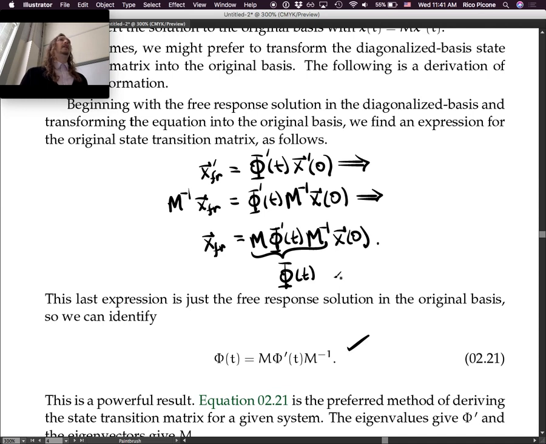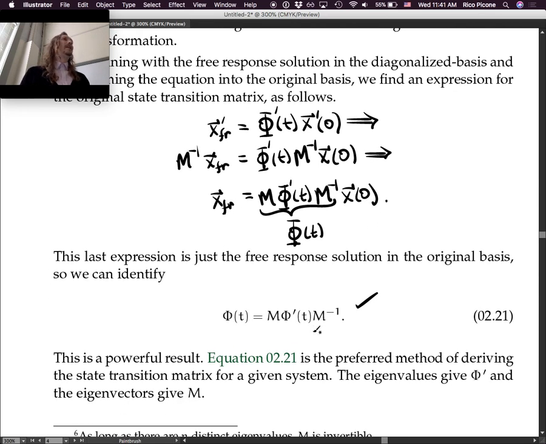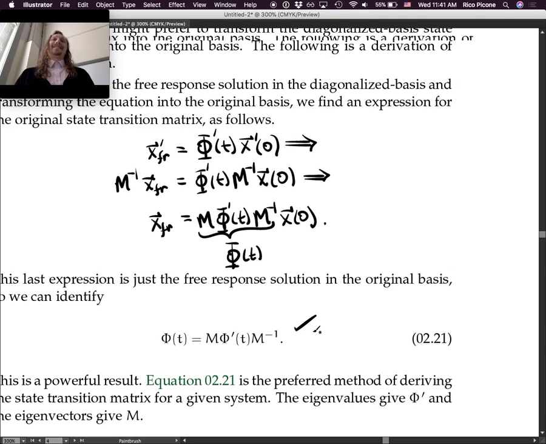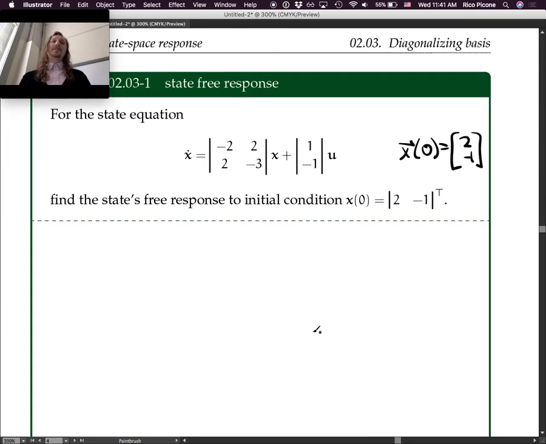Once we have phi, we have our solution. So phi is what we're going for. And remember, we just learned this fancy new way to find phi. So all we need to know about the system in order to find phi is what its eigenvalues and its eigenvectors are. So we gotta do that. So we gotta find the A matrix eigenvalues and eigenvectors. Okay.